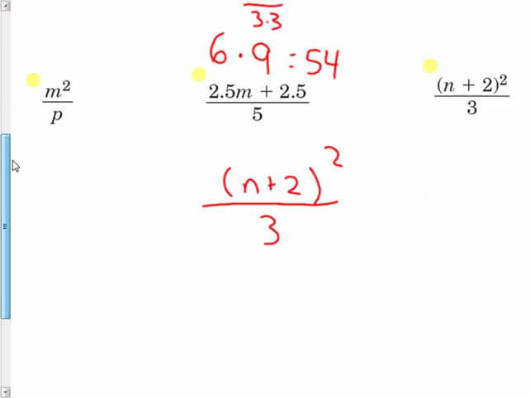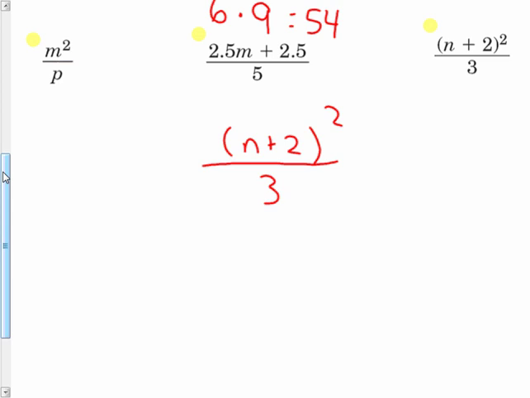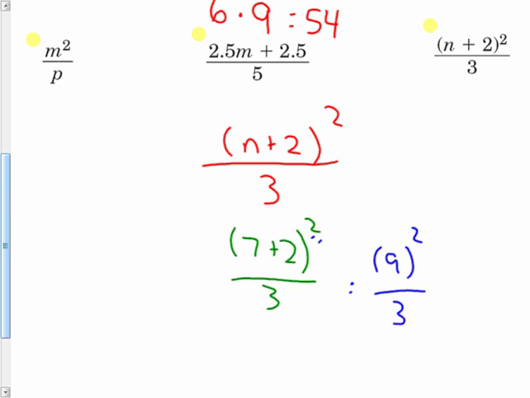N is 7, so I have 7 plus 2 squared divided by 3. Remember, when the exponent is outside the parentheses, that means do everything inside the parentheses first, and then do it to that exponent. So this becomes 7 plus 2, I know is 9. This becomes 9 squared divided by 3.